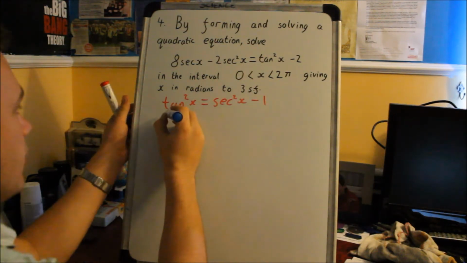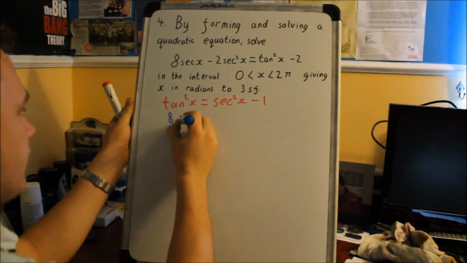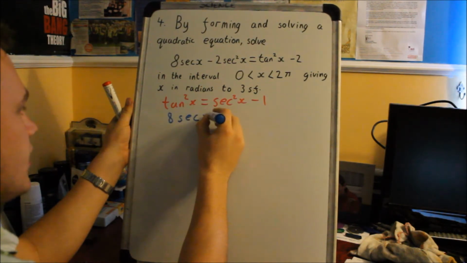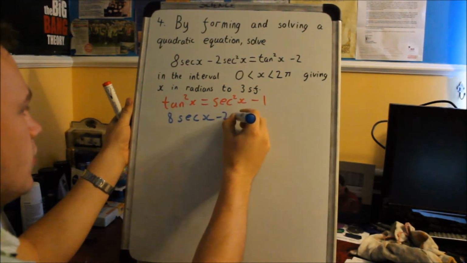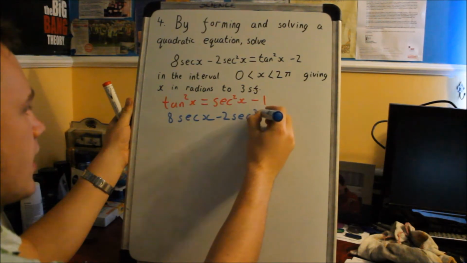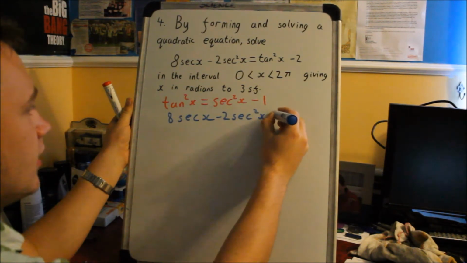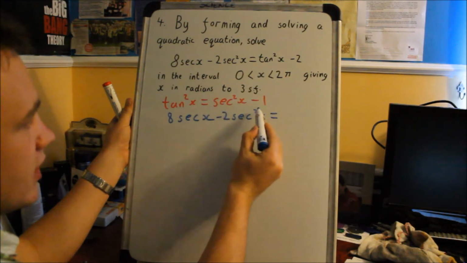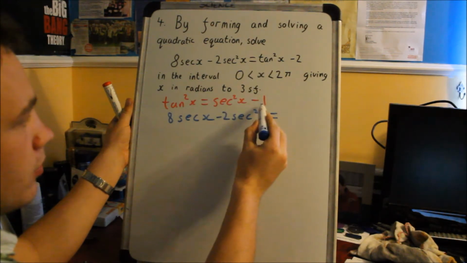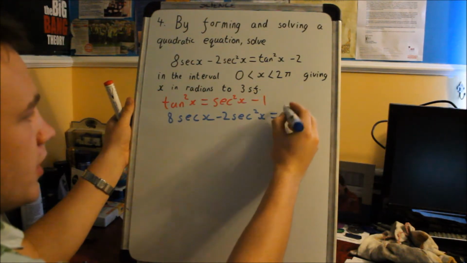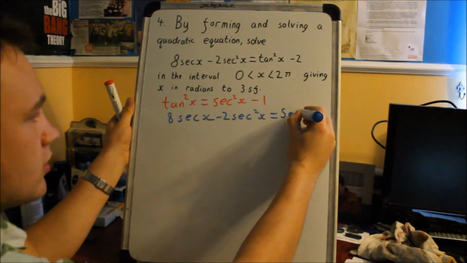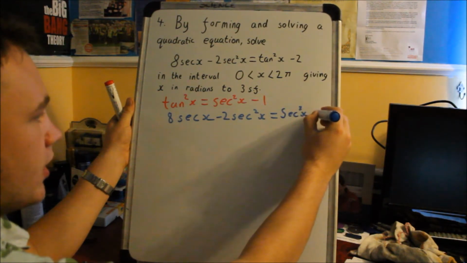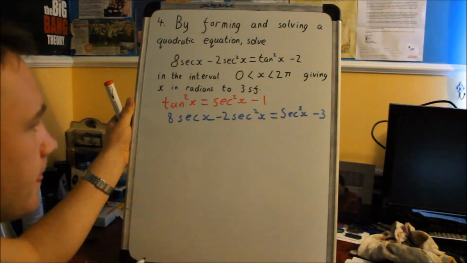So what I'm going to end up with is 8 sec x, because the left hand side isn't going to change at first, minus 2 sec squared x equals, now I've replaced tan squared x with sec squared minus 1, and you've got minus 1 and minus 2, so it's going to equal sec squared x minus 3 on that side.